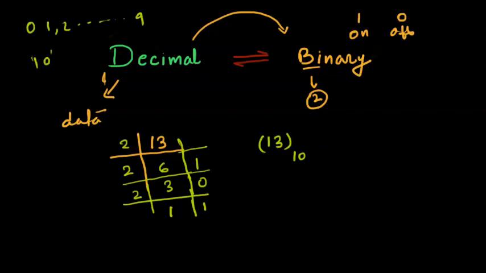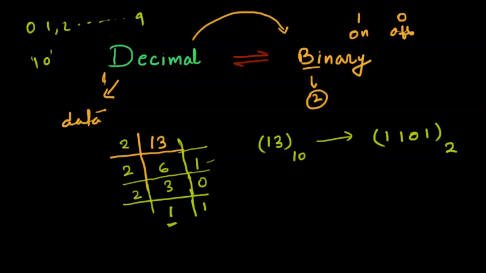That's why we are writing 10 here, and for binary you can see 2. For the representation of binary, we go from least to most significant, and we write it like this: 1, 1, 0, 1. This is how we converted this decimal into binary, and we give the symbol of binary in this way.